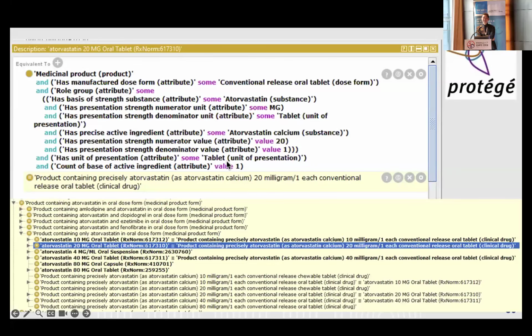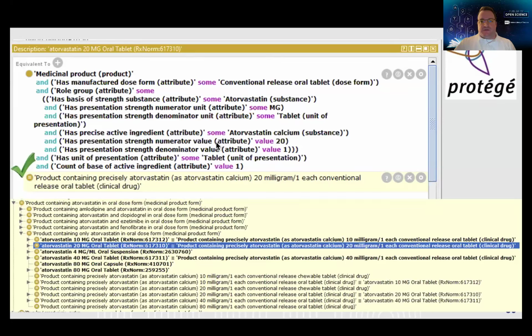So here is our example, atorvastatin 20 milligrams oral tablet built with a logical definition as viewed in the open source ontology browser Protege. After running the reasoner, ELK finds that the RxNorm SCD, semantic clinical drug, is equivalent to the SNOMED CT clinical drug.